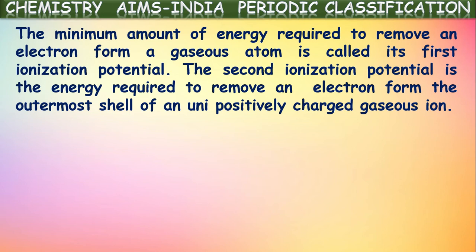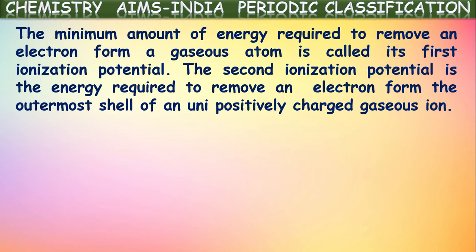It can be defined like this: the minimum amount of energy required to remove an electron from a gaseous neutral atom is called its first ionization potential. Then the second ionization potential is the energy required to remove an electron from the outermost shell of a unipositively charged gaseous ion. Means from the neutral gaseous atom, if one electron is removed, it will be converted into a unipositive ion. The amount of energy required by that atom for removal of that first electron is called first ionization energy. After that, it becomes a unipositive ion.